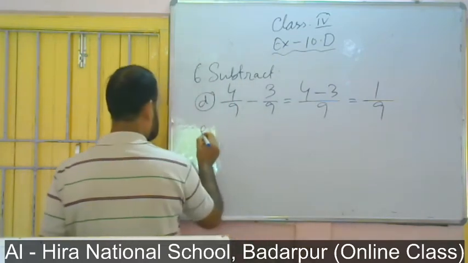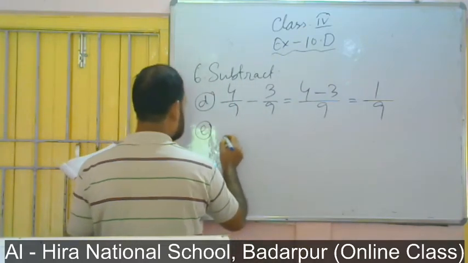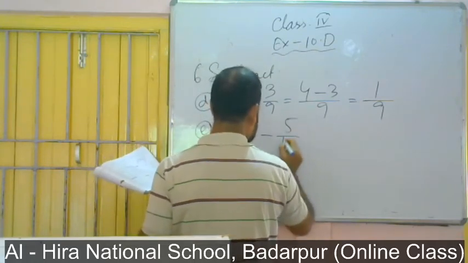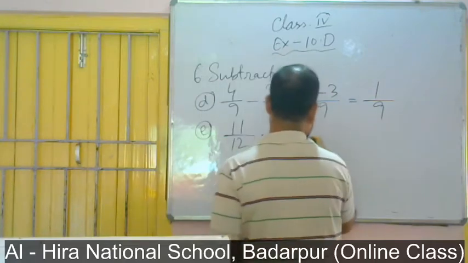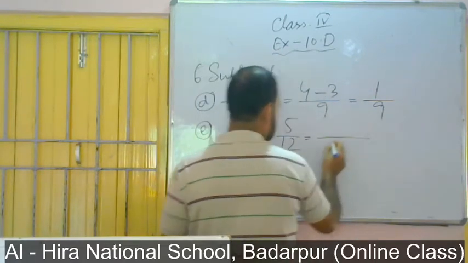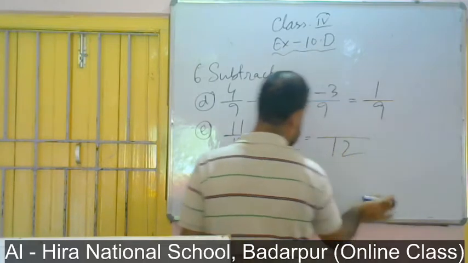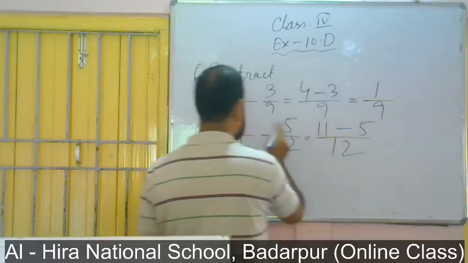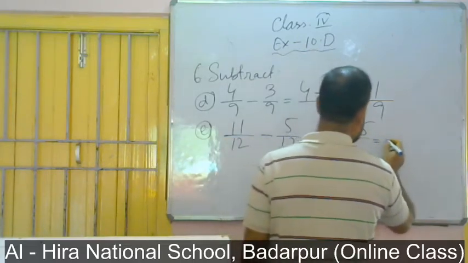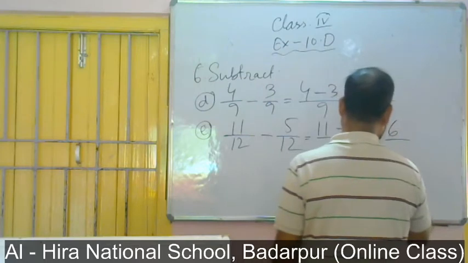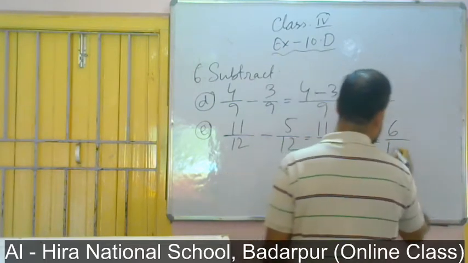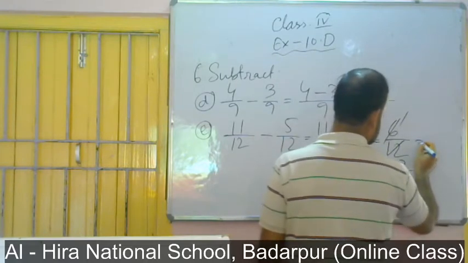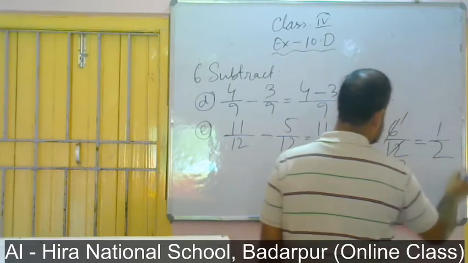Next, question number E. 11 by 12 minus 5 by 12. The common denominator is 12. We take one denominator, then 11 minus 5 is equal to 6, so 6 by 12. 6 1s are 6, 6 2s are 12. Answer is 1 by 2.